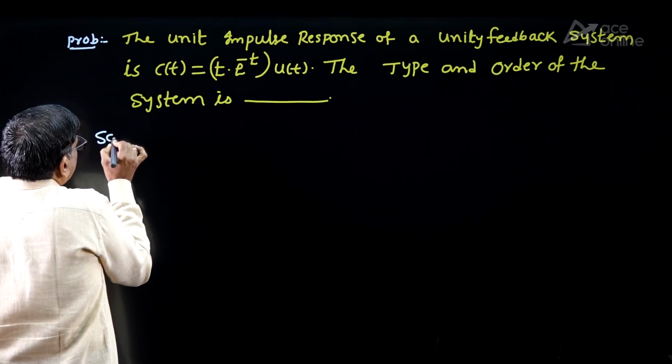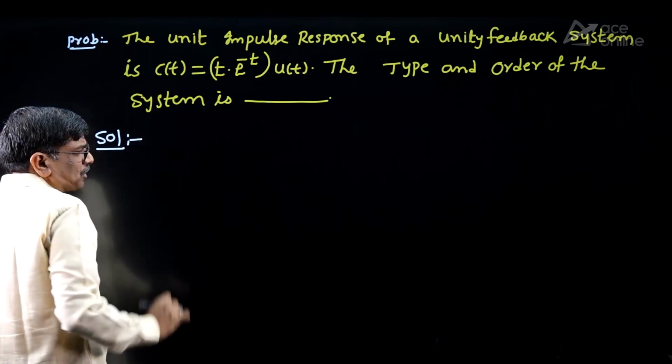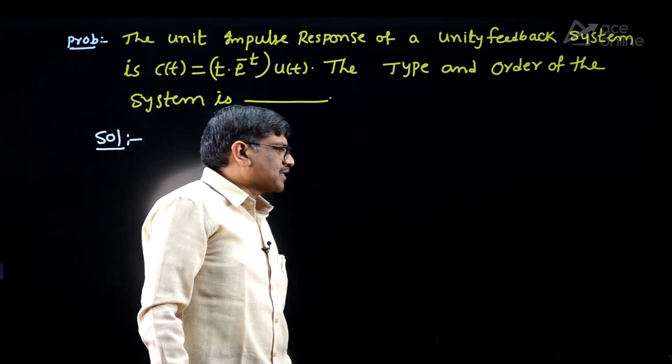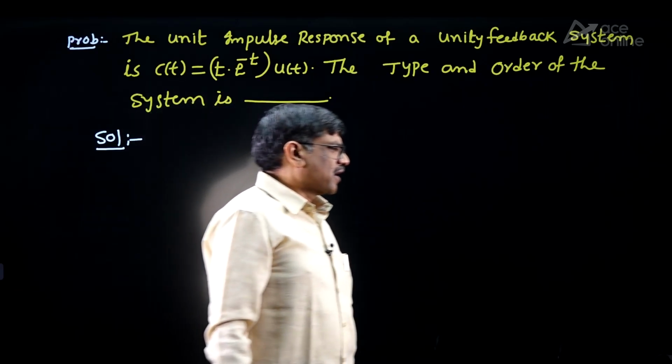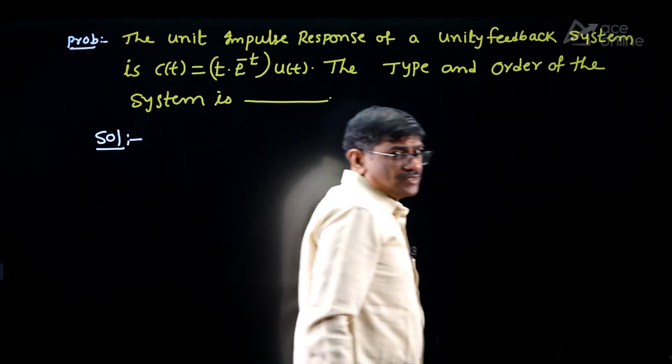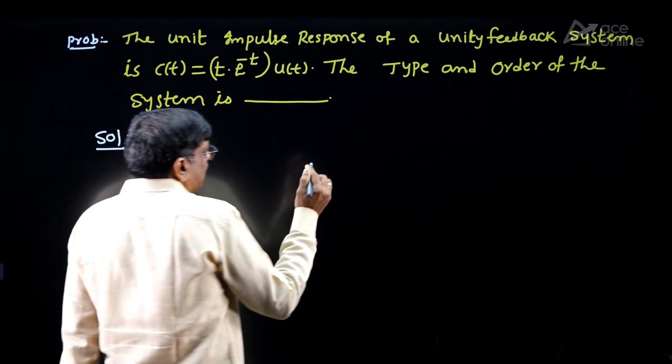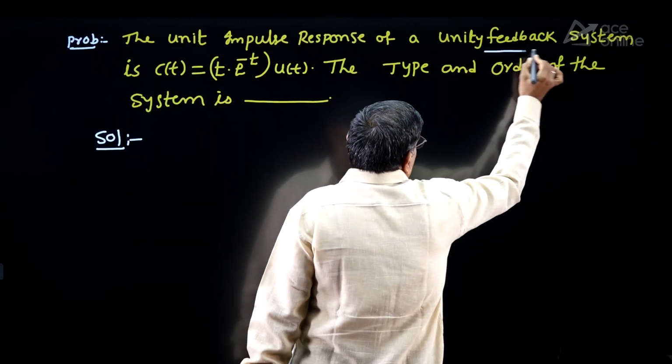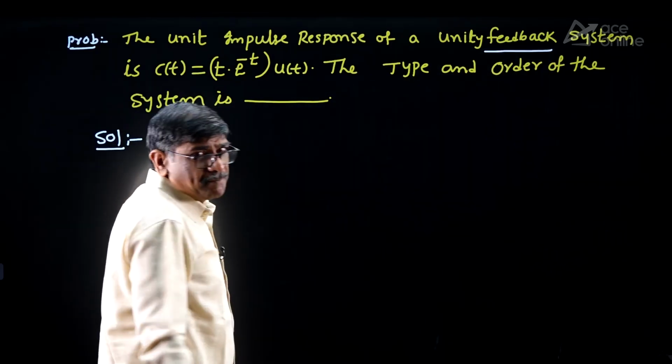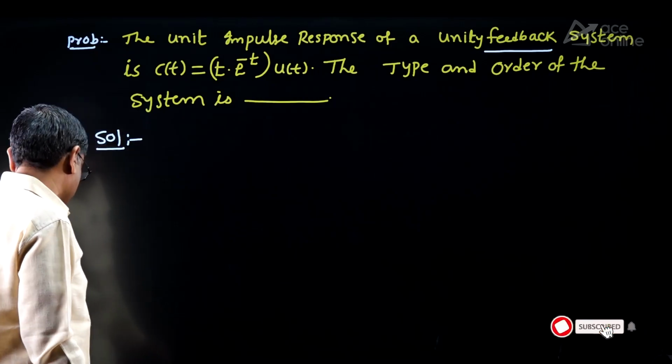So first of all, is it an open loop system or closed loop system? The given system, they mentioned very clearly, is unity feedback. Feedback word is there, so it is a closed loop system.